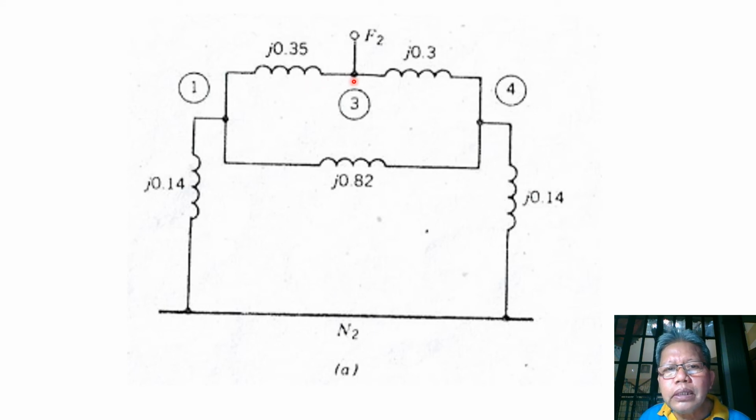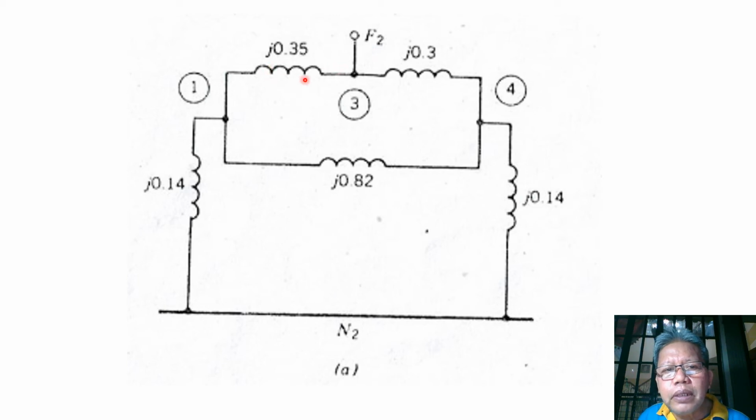This is now our bus 3 with F2 as the point of interest, because this is where the fault occurs. So for negative sequence, we just call this point F2, meaning the point of fault when we consider the negative sequence network.